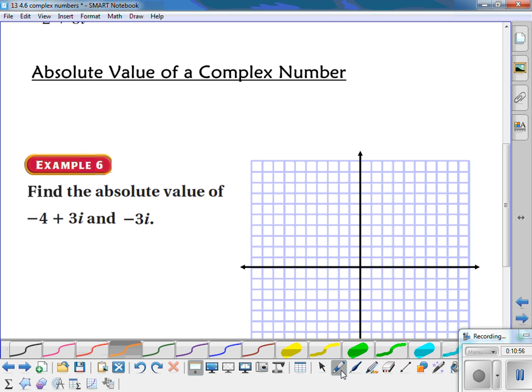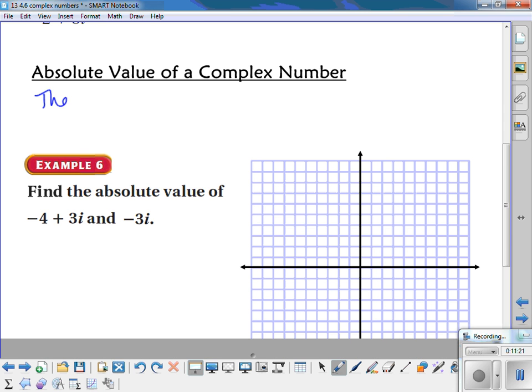Do you guys remember what the definition of absolute value is? Nobody remembers. It's the distance from 0, isn't it? When we're talking real numbers, it's just the distance from 0 on a number line. Well, essentially, it's the same thing with complex numbers. It's the distance from 0. It's just now it's the distance from 0, 0. So it's the distance from the origin.